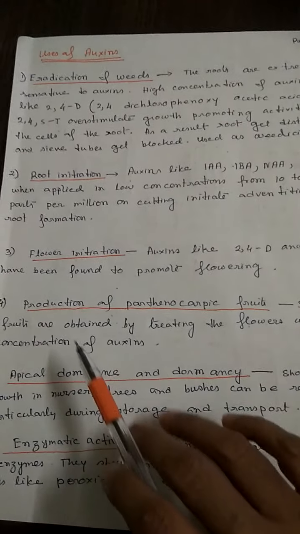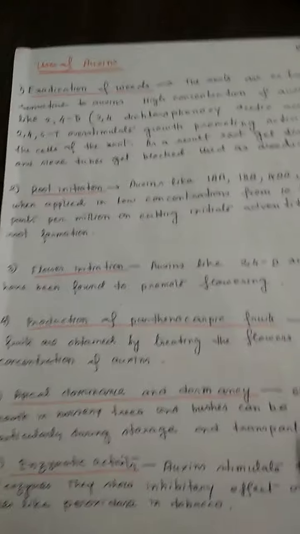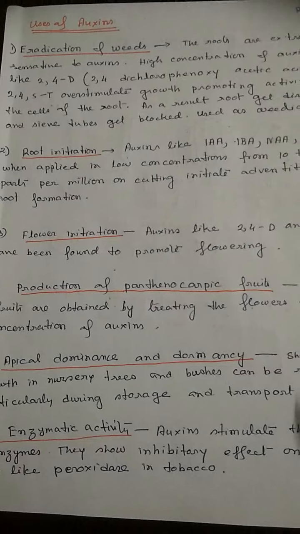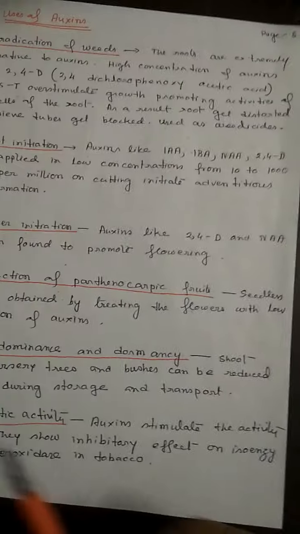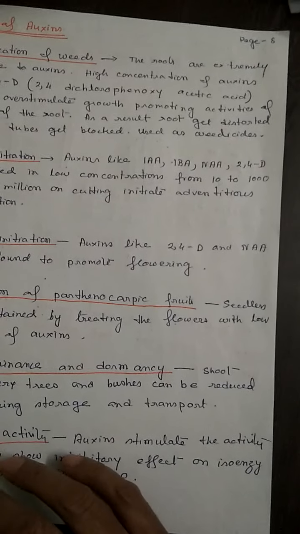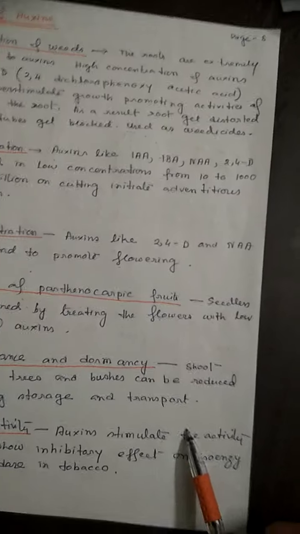Next is the production of parthenocarpic, seedless fruit, through the application of auxin. Then apical dominance and dormancy: shoot growth in nursery trees and bushes can be reduced, particularly during storage and transport.